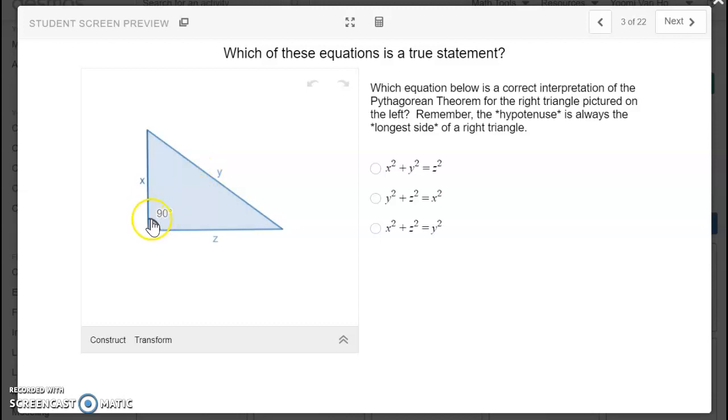That's going to be the hypotenuse. So if y is the hypotenuse, then the other ones are the legs. Leg 1 is x and leg 2 is z. So it's going to be x squared plus z squared is equal to the hypotenuse squared, which is y squared. It's going to be this one.